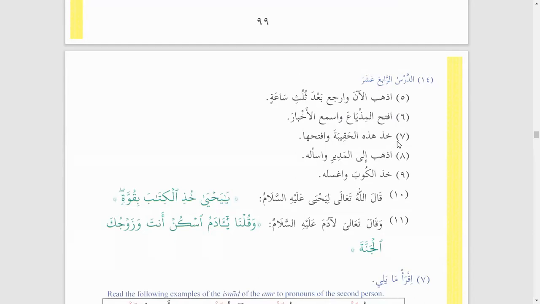Okay, number 6. افتح المذياع واسمع الأخبار. Okay, midiya'u. What is the pattern of midiya'u? Shouldn't it be مذياع? Yes. It's on the pattern of mif'alun, like miftahun. So that means this is ismul ala, radio.